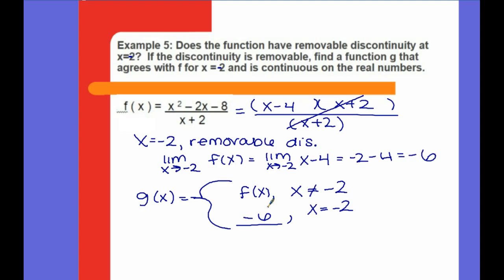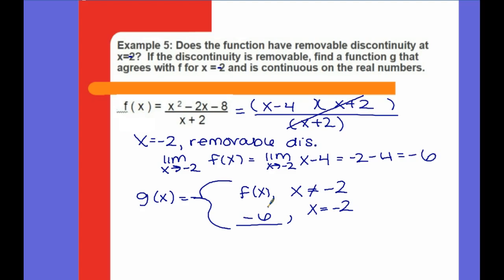And then at -2, that graph would have a hole. This is f of x. So right here, at x equals -2, there is a big, fat hole. And that hole has a y value of -6.